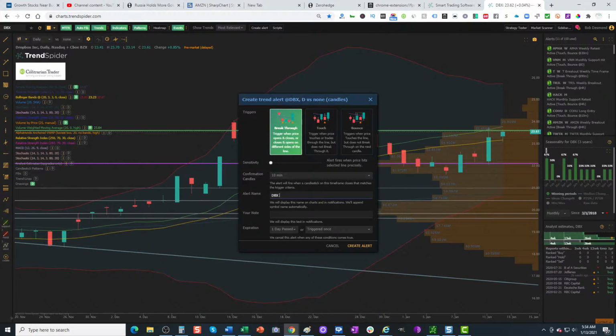DBX. Daily through monthly. Breakout. Now, I want to go to seasonality in a moment because it's important.